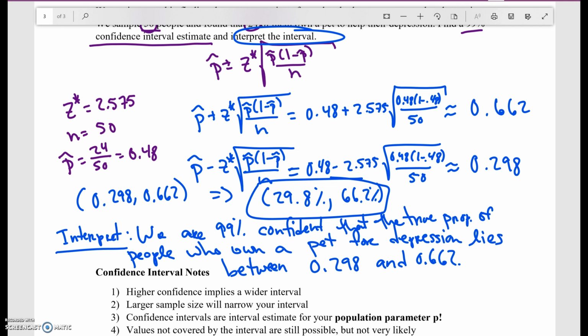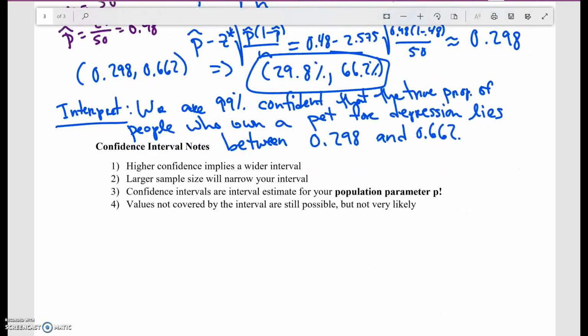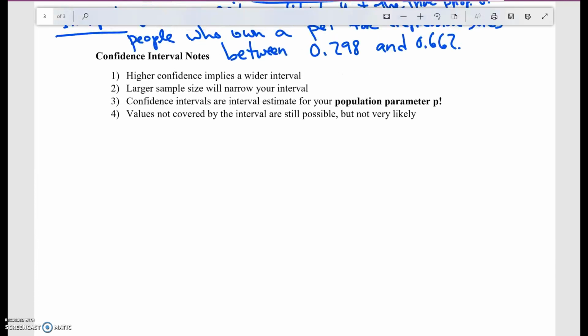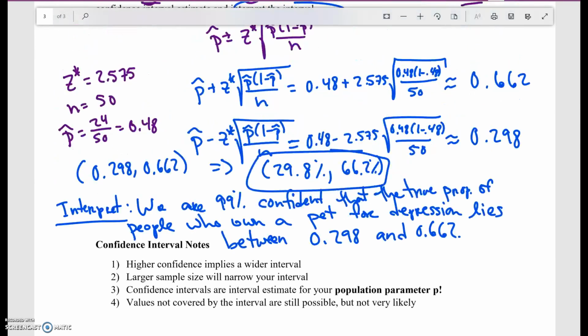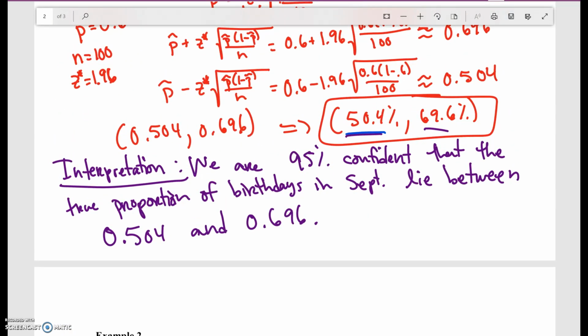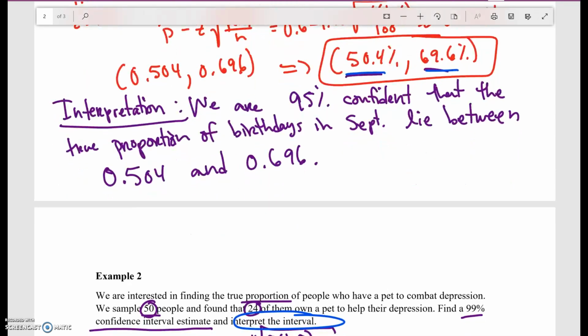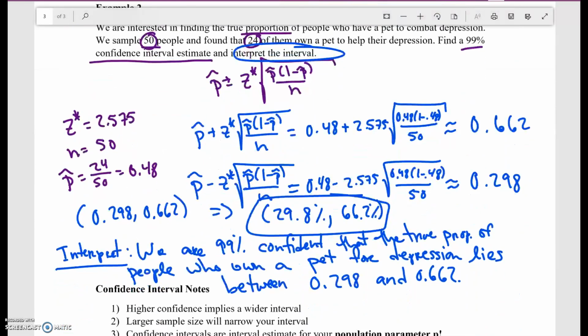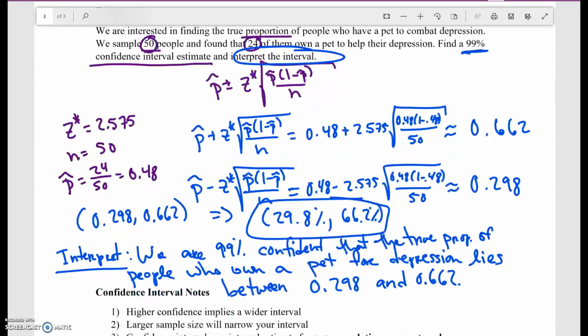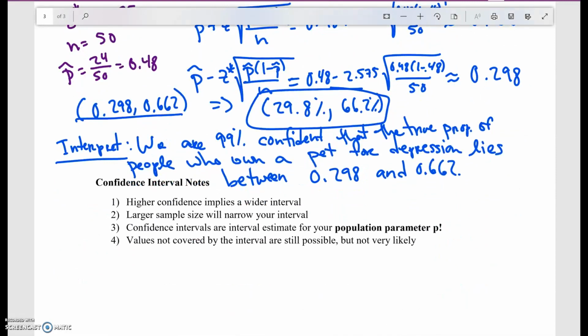Okay, so right before we end, let me give you a couple of notes about confidence intervals. Notice that a higher confidence implies a wider interval. That's what technically happens, because if you look at our 95% confidence interval, 50% and 69%, they were somewhat around the same ballpark. But notice that when I increased my confidence level to 99%, it made the interval much wider, because this one is now between 29% and 66%.